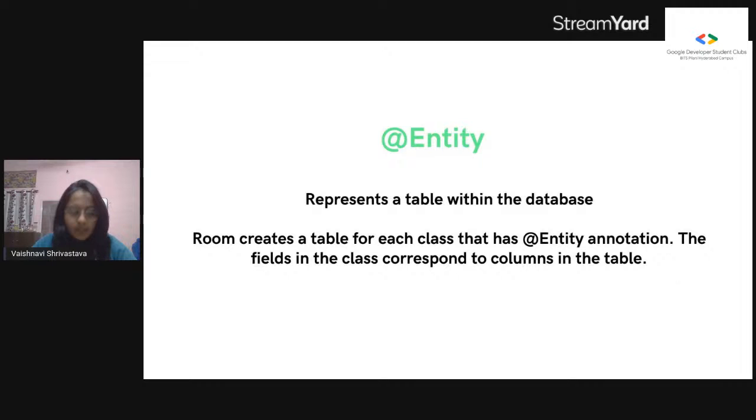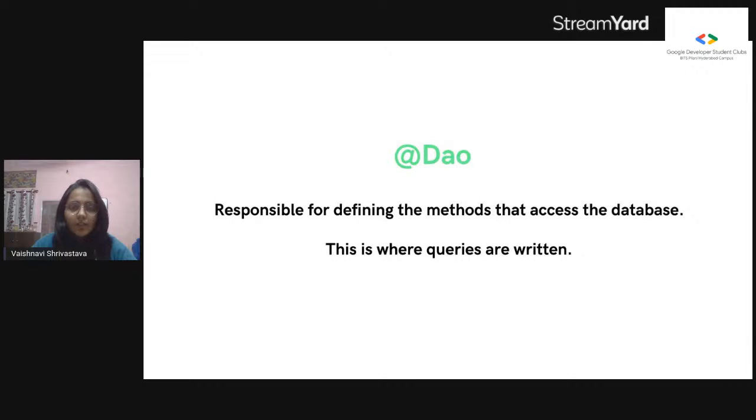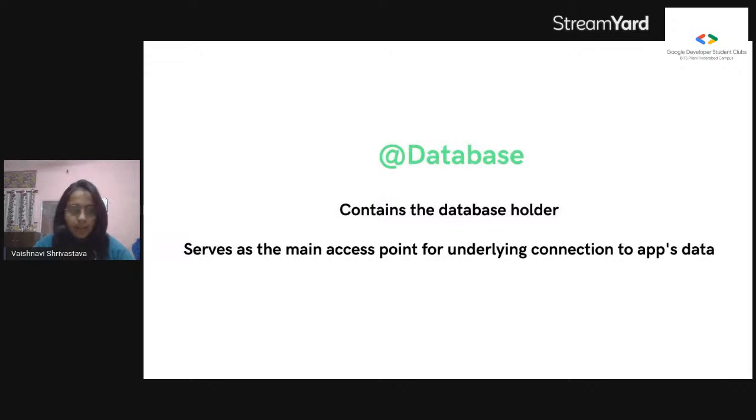Then comes the data access object. The data access object acts like a bridge between your view models and the database. It's responsible for defining the methods that access the database, and this is where the queries for accessing the SQL database are written. Then finally, the database annotation defines the database holder.